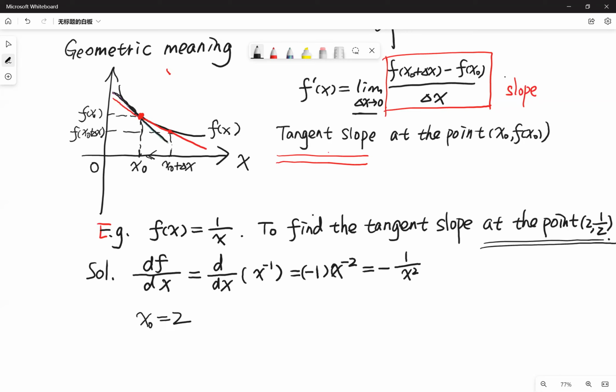The corresponding df by dx when x is 2 equals, we substitute x by 2 in minus 1 by x squared, so it is equal to minus 1 by 4.